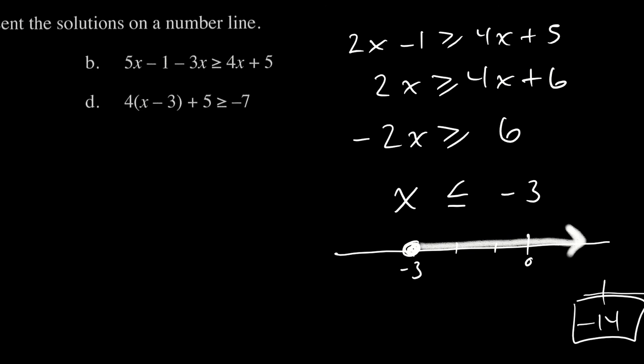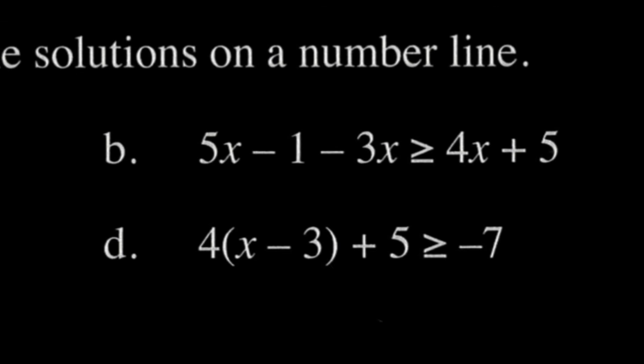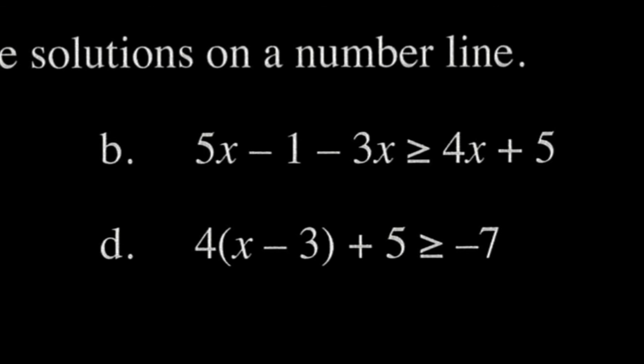And for example, if I was to plug in 0 into the original problem, this becomes, if I look real close, negative 1 is greater than or equal to, there's a problem here. I'm plugging in 0 to this.